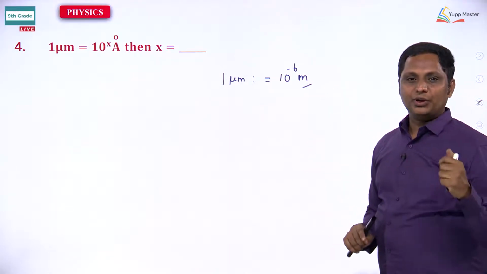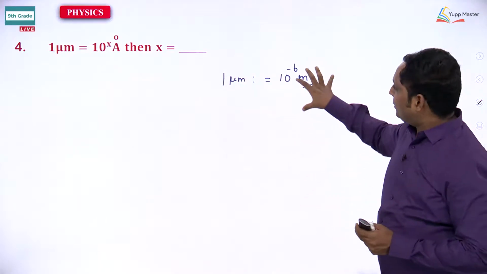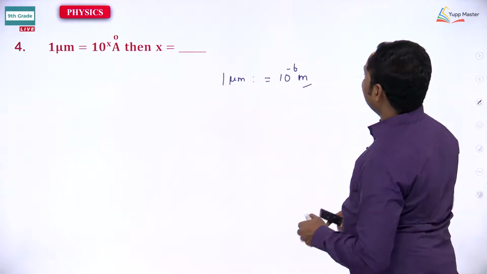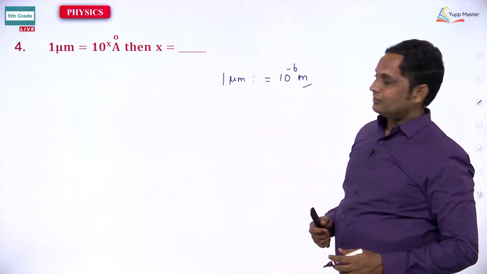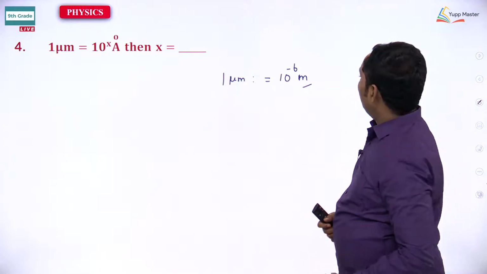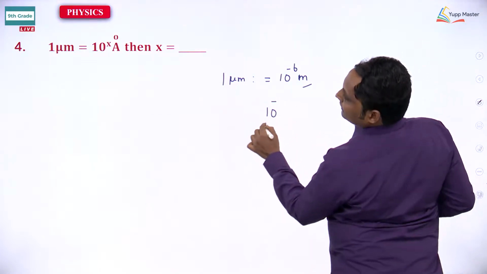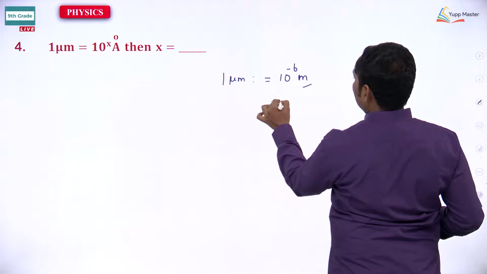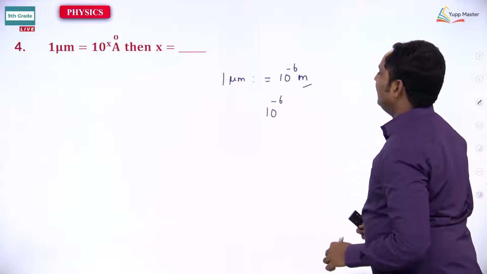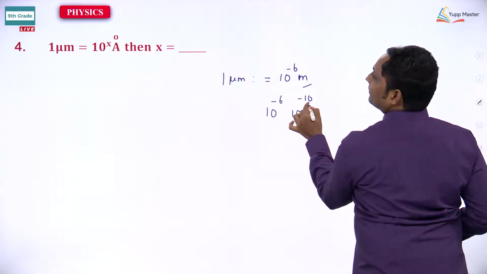It has been given in angstrom units also. You have to take minus 6, and then 1 angstrom is going to be 10 power minus 10.